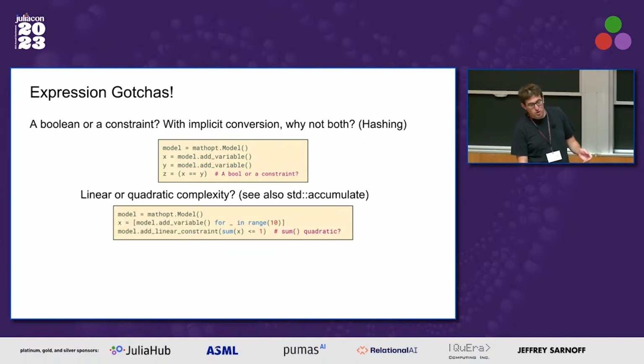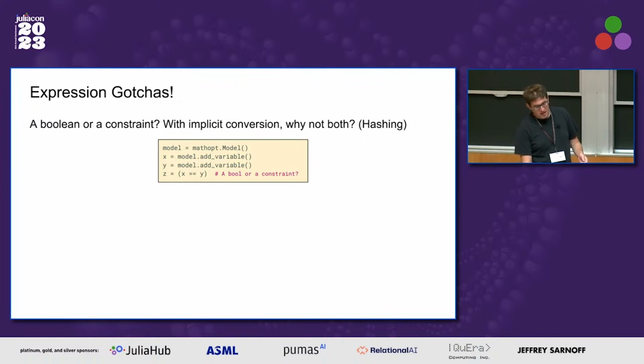You don't have to decide, you can have both. The idea is that you have an object that's both implicitly convertible to a Boolean and to a constraint, and you can do this in Python and in C++. I don't know, how does Julia deal with the situation? We don't. You don't. Okay, that's a good answer. Was it wise to do this? I don't know, but we did it.